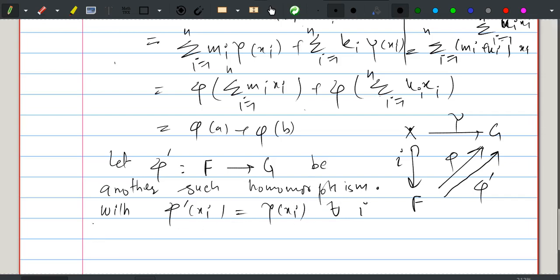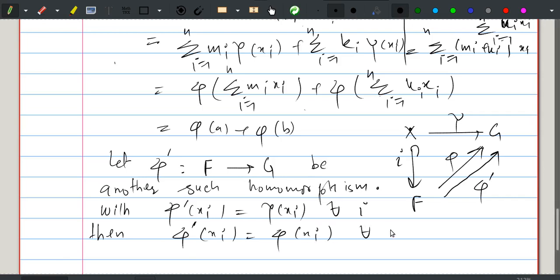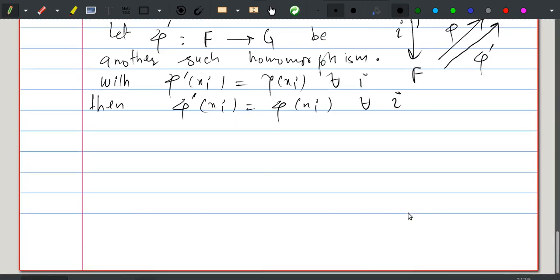Then this phi prime of xi is the same as phi of xi for all i. That is, this phi and phi prime agree on the basis.